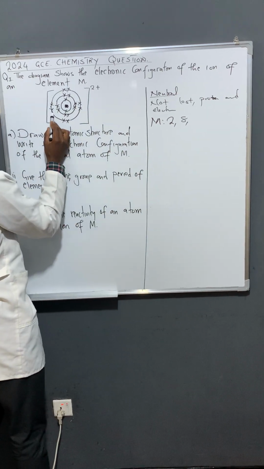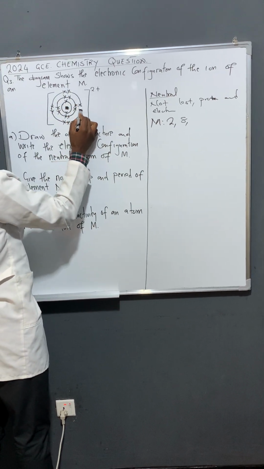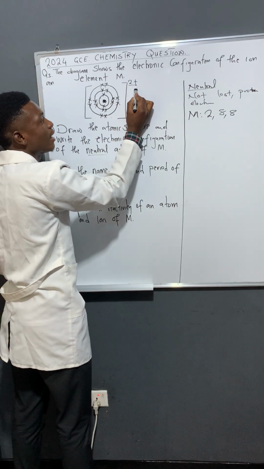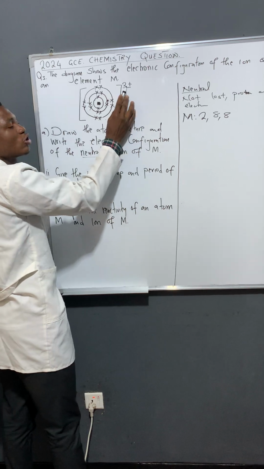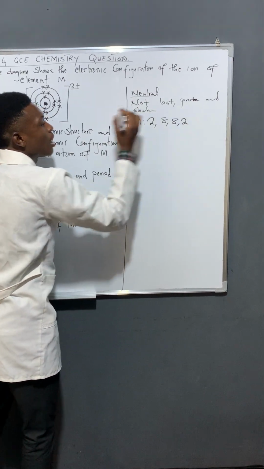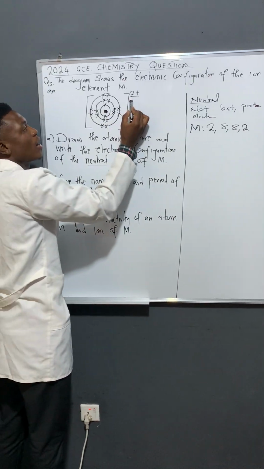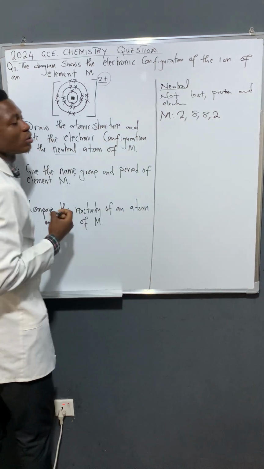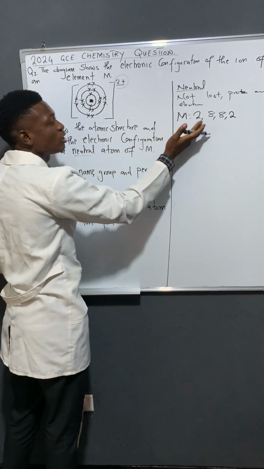The third shell has 8. Because of this 2 plus here, it shows that it lost 2 electrons. So we had 2 electrons in the outermost shell. That's the reason it has a 2 here, meaning it lost 2 electrons in the outermost shell. So this is the electronic configuration.